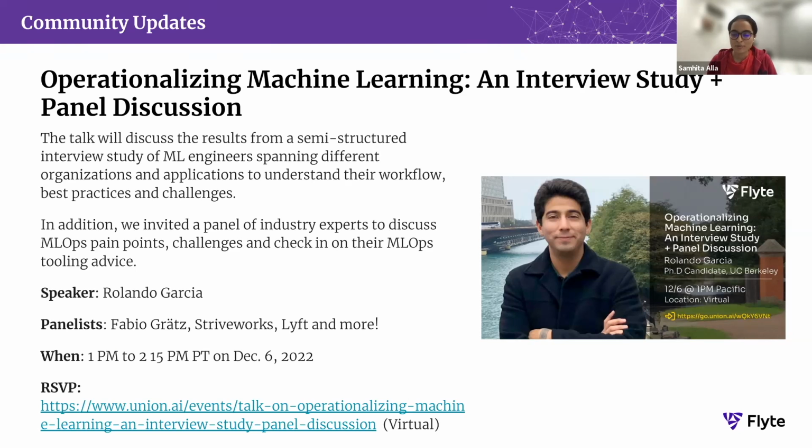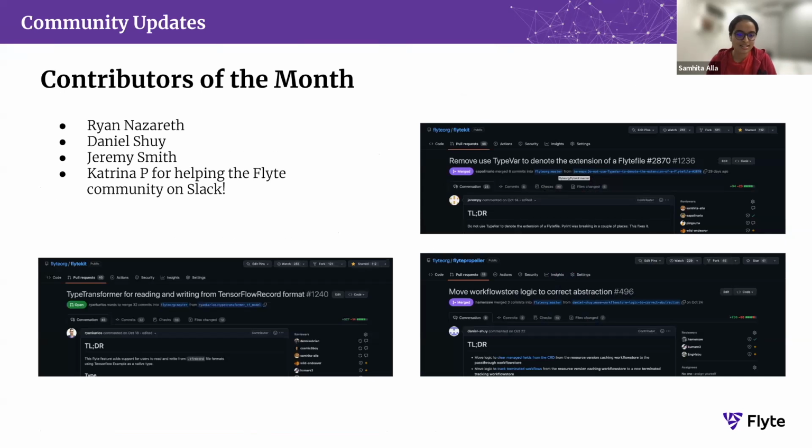Rolando Garcia will be presenting the paper at this event. As for the panelists, we have Fabio Gratz, and we also have panelists from Striveworks, Lyft, and other organizations, which we'll be revealing soon. This will be happening on December 6th from 1 to 2:15 p.m. PT. This is a virtual event. To RSVP, you can visit the union.ai/events page. Please do visit the site and RSVP and join the event.